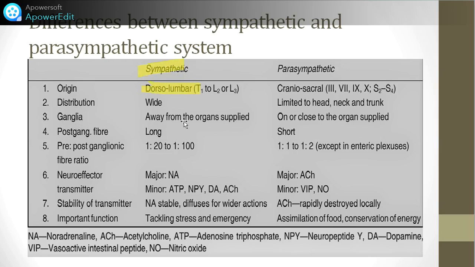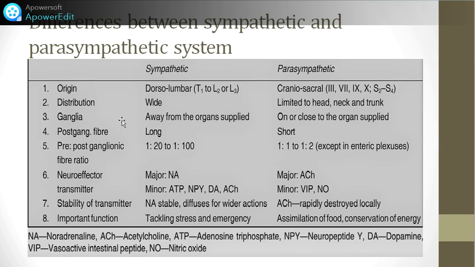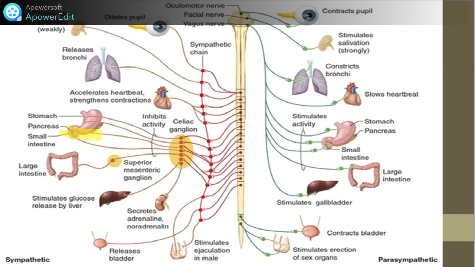Distribution is wide. Ganglia are away from organs supplied. Again, see this. These are the ganglia which are away from these organs. The ganglia are away from organs in case of sympathetic system, and the postganglionic fiber is long.